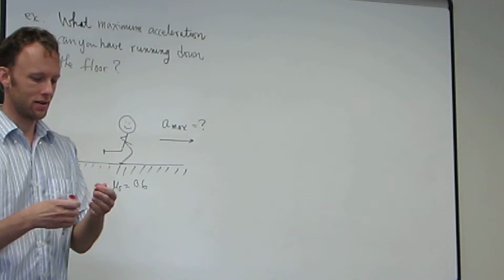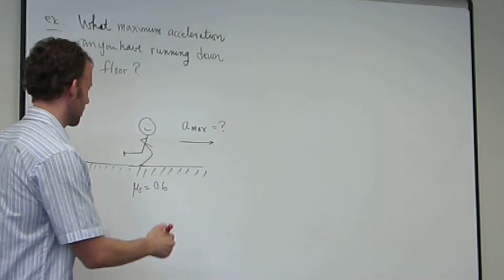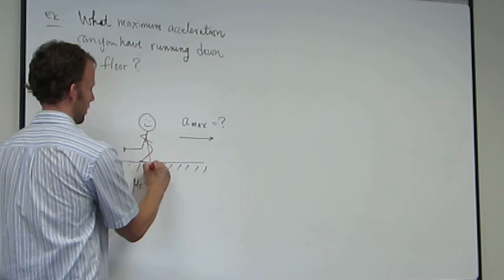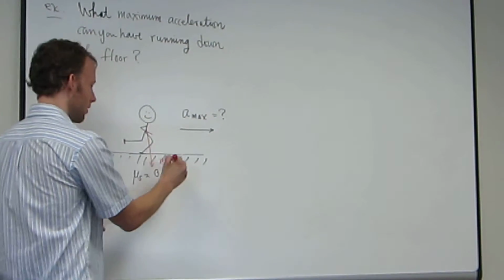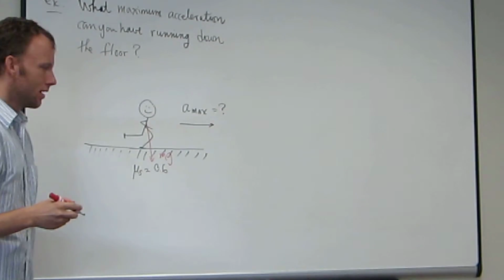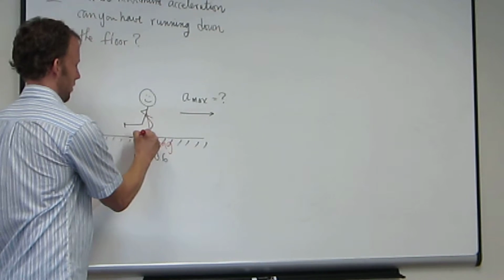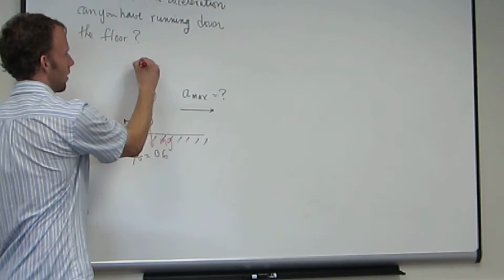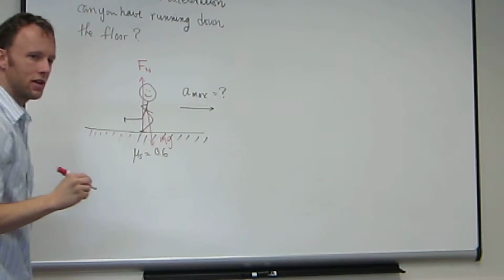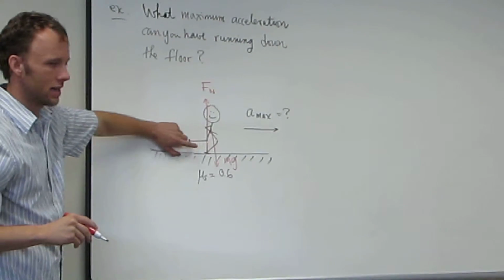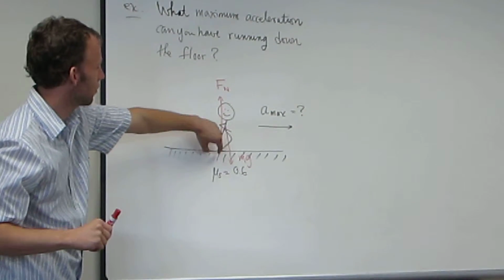Alright, well, to figure this out, we simply have to draw the forces acting on our person. And we have 3. We've got gravity, as always. And then since the shoe is in contact with the floor, we have a normal force. And if you think about it, we also have a static friction force acting between the floor and the shoe.